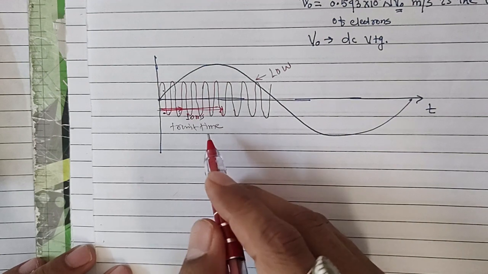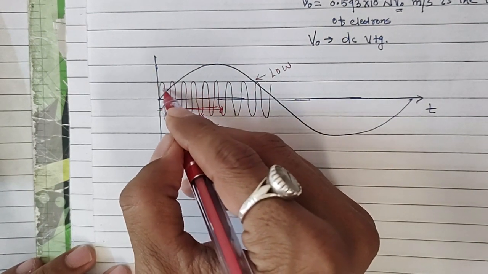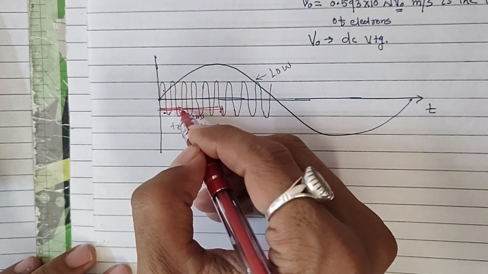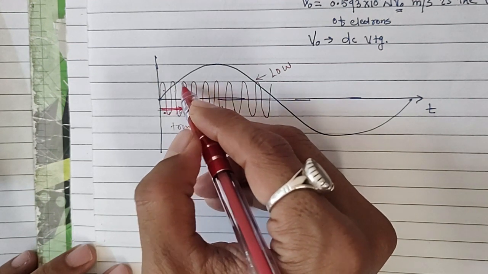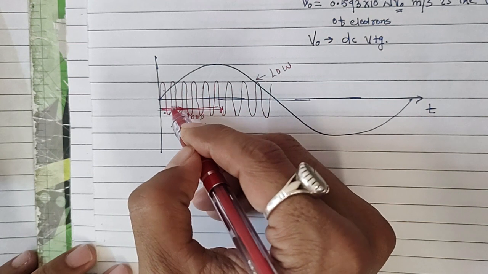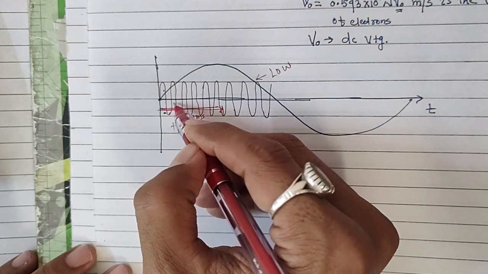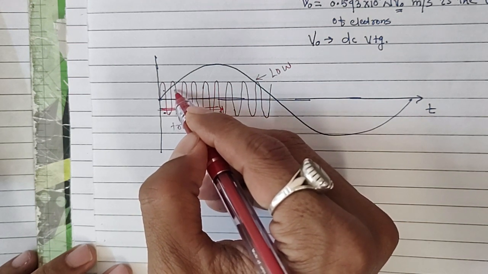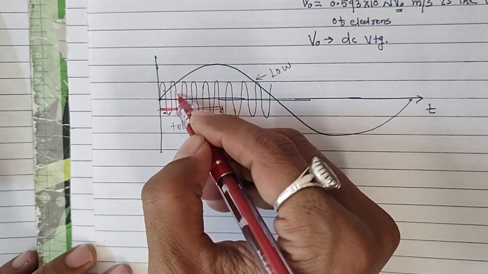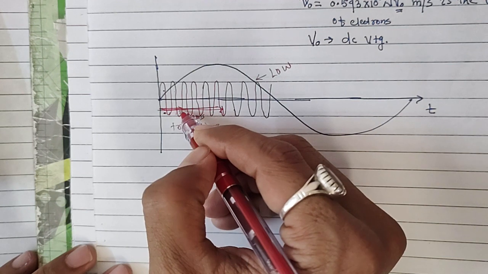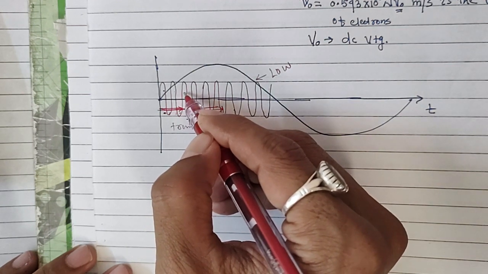So because of field is changing from positive to negative and negative to positive, during negative half cycle energy will be removed, and during positive half cycle electrons will get the energy again that will be removed during negative half cycle, again they will get during positive half cycle.